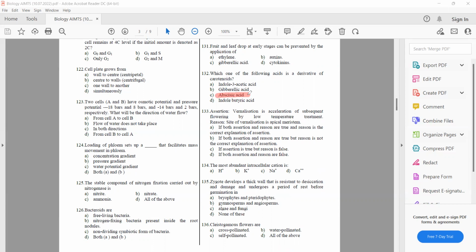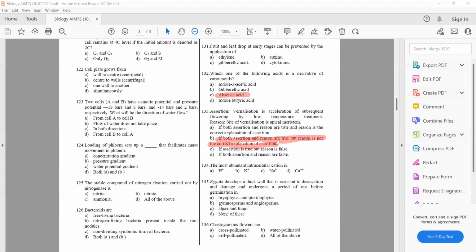And the site where vernalization actually takes place is the meristematic regions, so shoot tip and root apex come there. So reason is true, assertion is true, but the reason is not the correct explanation.